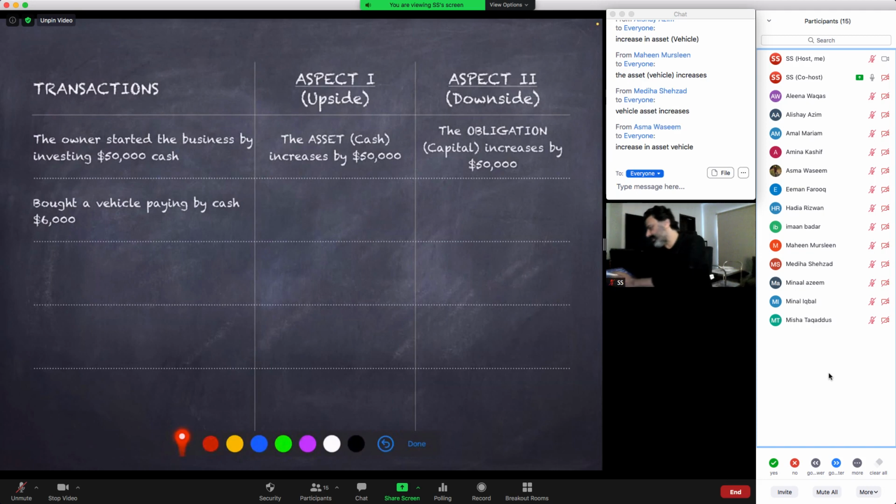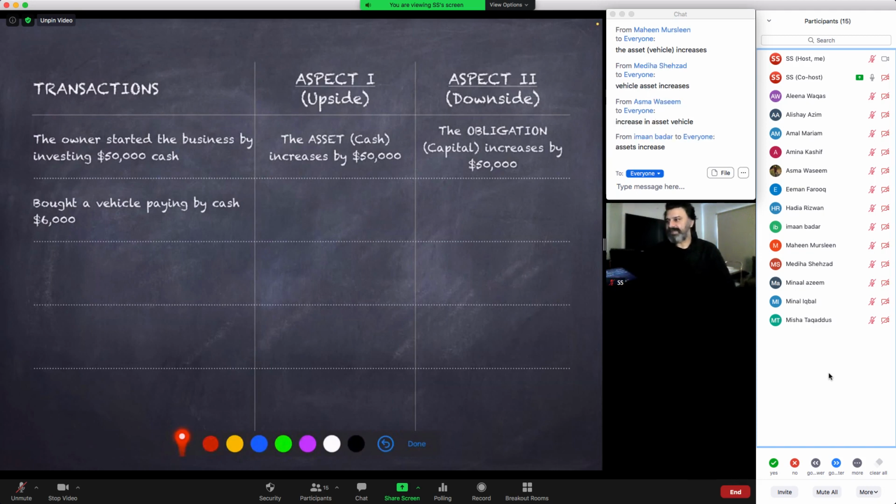So the upside is the asset called vehicle is increasing by 6,000, and you see the dollar values mentioned next to it, which will demonstrate the exact equilibrium like in the first transaction: if your asset increases by 50,000, your obligation increases by 50,000 at the same time. So the upside is the asset called vehicle is increasing by $6,000, and what's the downside here?